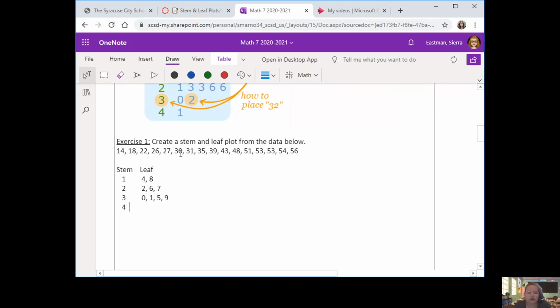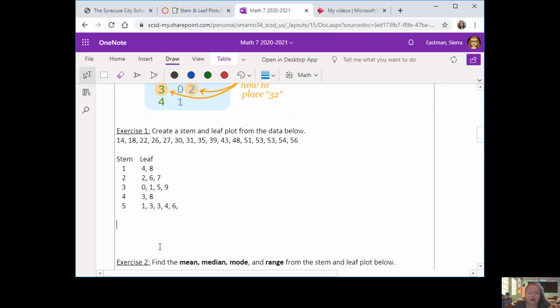To our 4s here, we've got 43 and then 48. 5s, we've got 51. We've got 53 twice, so we do have to represent that twice, and a 54 and a 56. Our stem and leaf plot is complete.